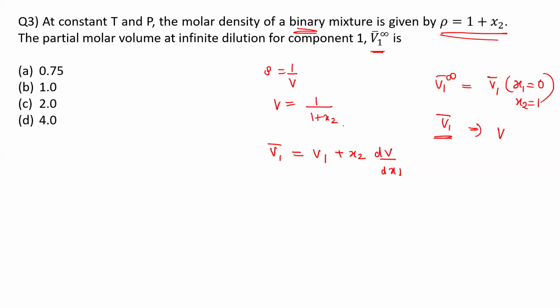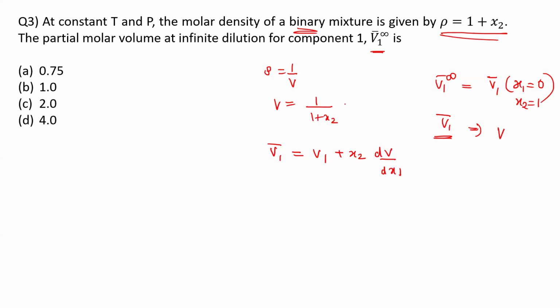Okay, so I'll just write it in terms of x1, okay? 1 plus x2, that is 1 plus 1 minus x1, right? So it's 2 minus x1. So this is 1 by 2 minus x1 plus 1 minus x1 into.